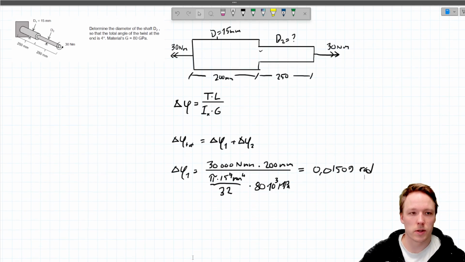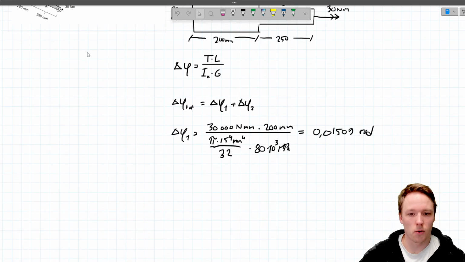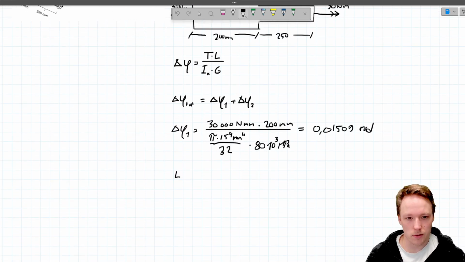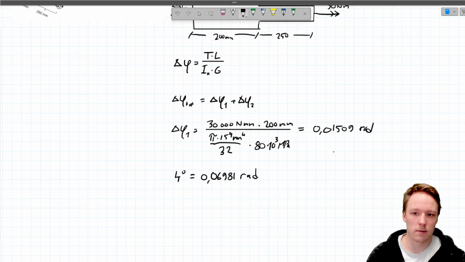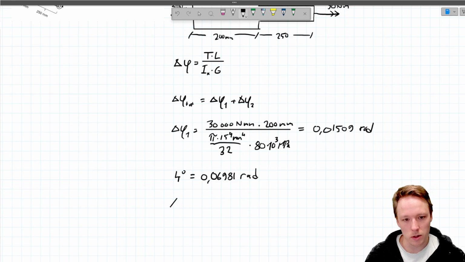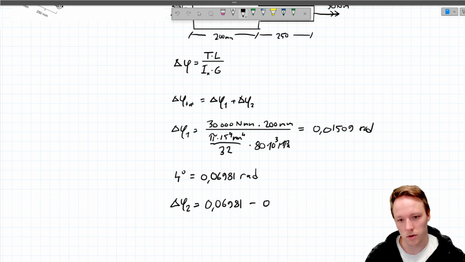So now in this task we are told that the maximum twist at the end is 4 degrees. Let's convert the 4 degrees to radians. 4 degrees equals 0.06981 radians. The first section will twist with 0.01509 radians, which means that the amount of twist we allow for section 2 is 0.06981 minus 0.01509.